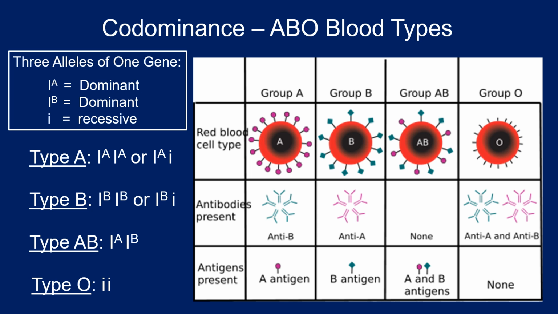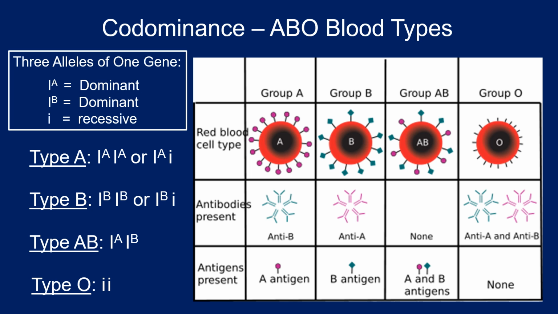We have the A form of the allele that has certain sugars attached. We have the B form of this gene that has certain sugars attached, and they differ from what we see in the A allele. And then we have type O, where we're actually missing those sugars altogether.